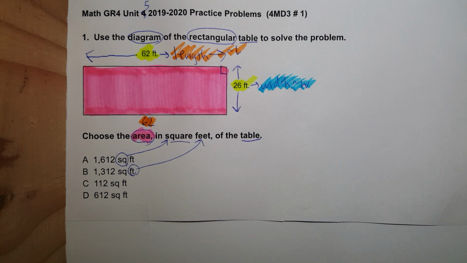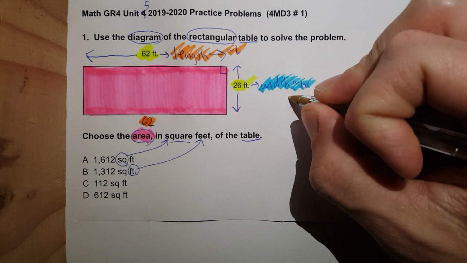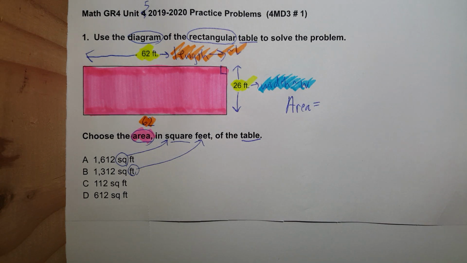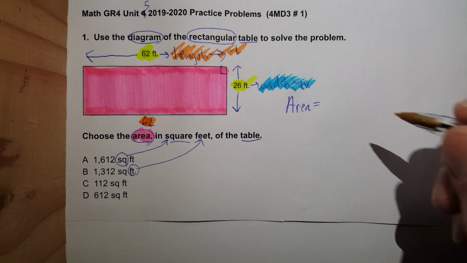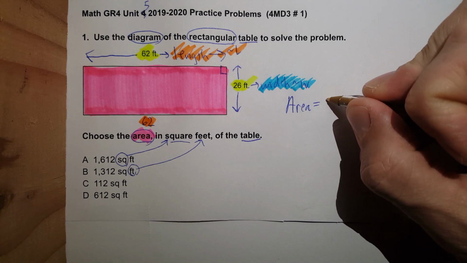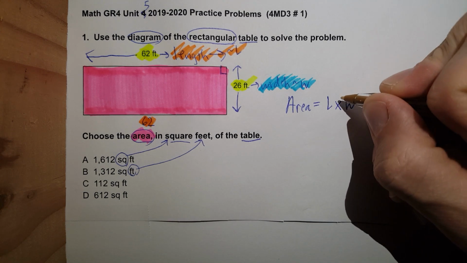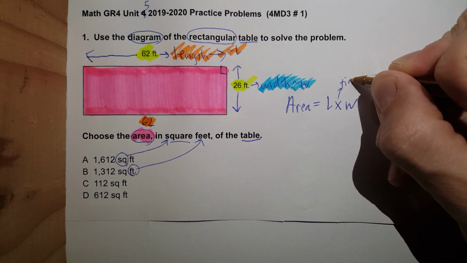Okay, now I'm going to show you several things, because our standard says apply the area formula for rectangles. So area is equal to length times width. Okay, this is times.